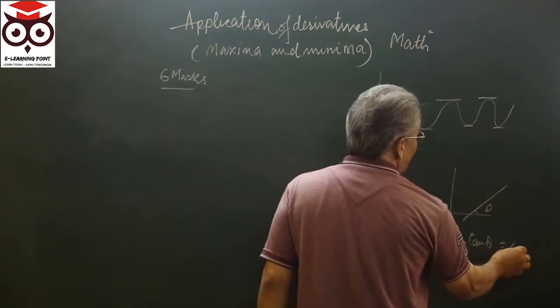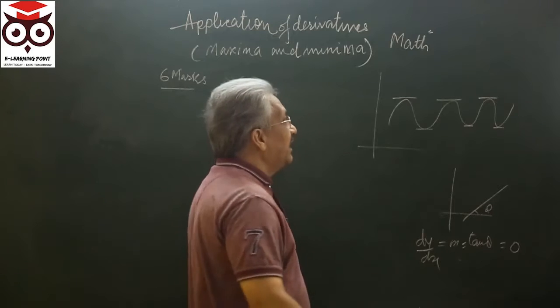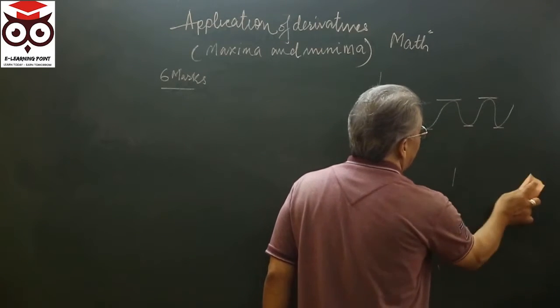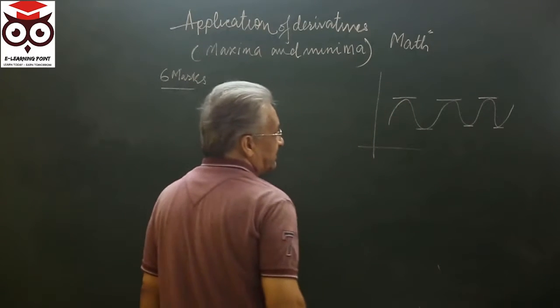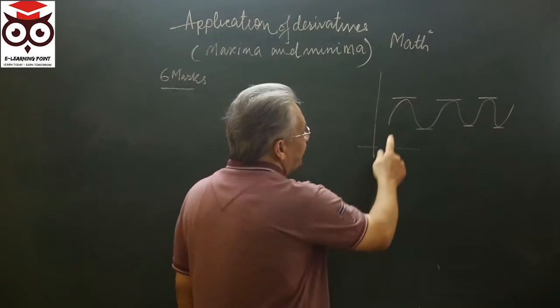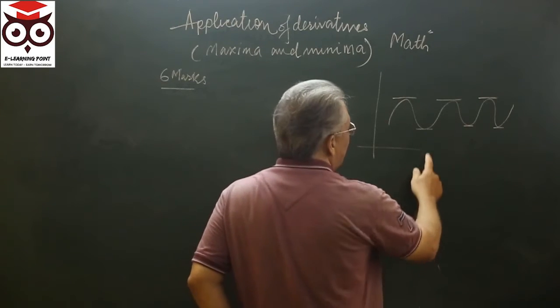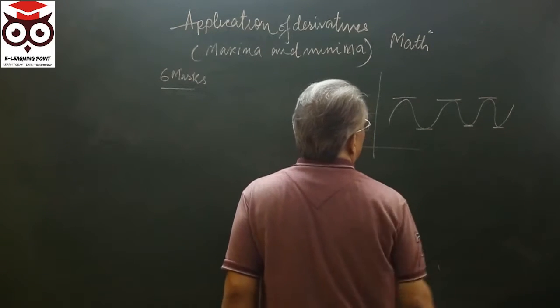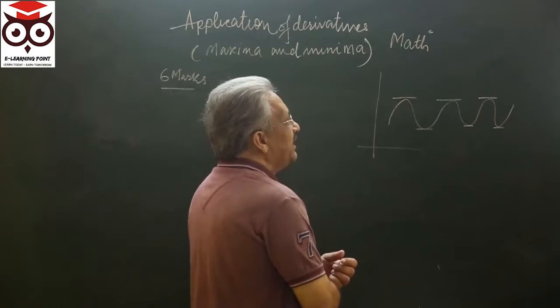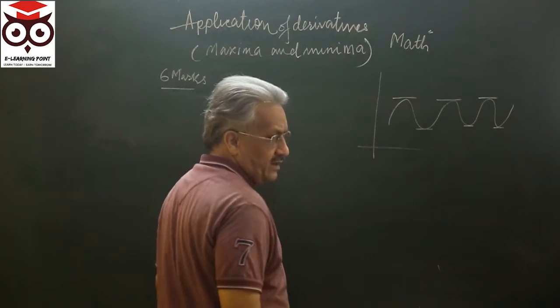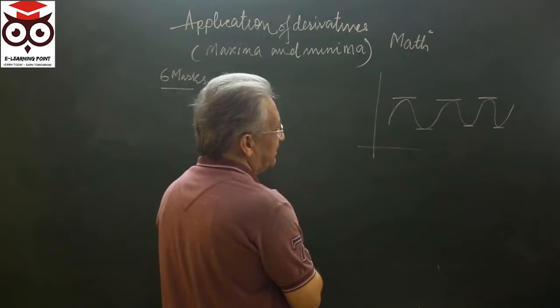If it is 0, it means all the tangents are parallel to the axis. So these points are called points of maxima and these points are called minima. So there are many points of maxima and minima in curves.